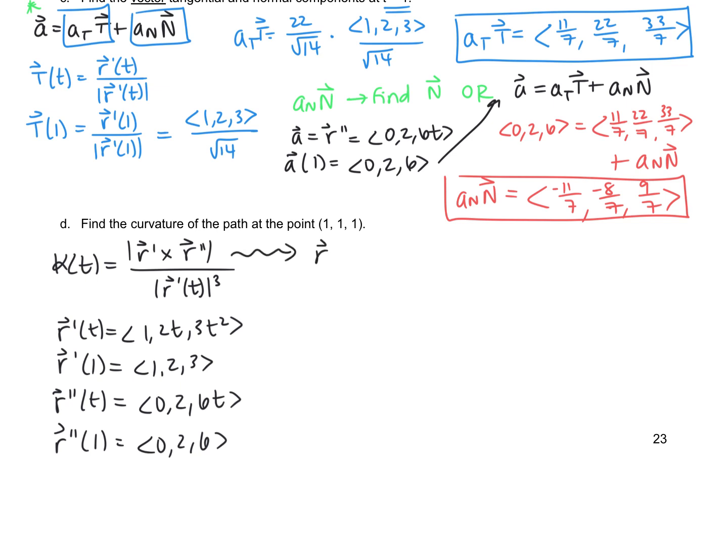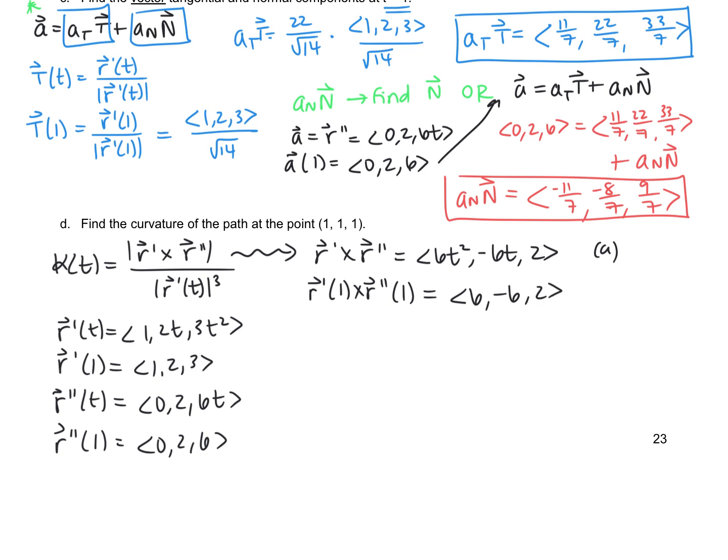Cross product, if we remember, we also found above. And that was 6t squared, negative 6t, and 2. That was from part A. So then if I substitute 1 in, I'm going to get 6, negative 6, and 2.